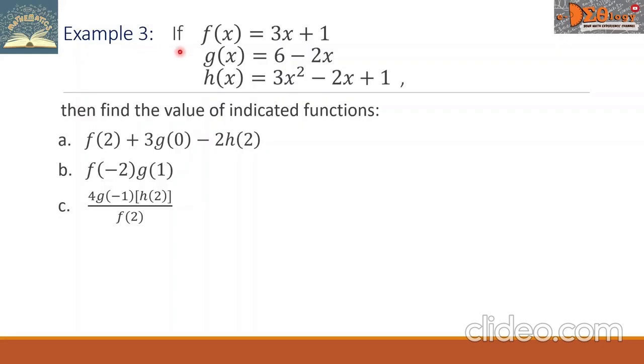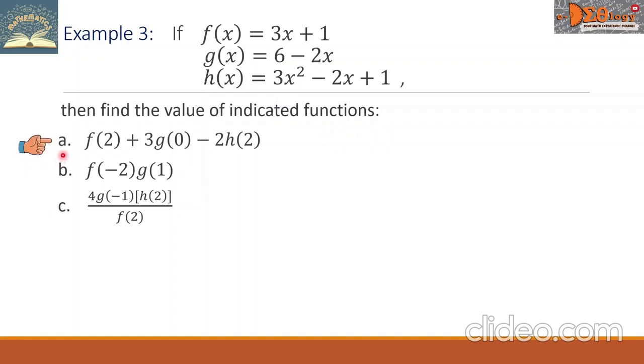Example 3. If f of x equals 3x plus 1, g of x equals 6 minus 2x, h of x equals 3x squared minus 2x plus 1, then find the value of indicated functions. We have here 3 sample problems.